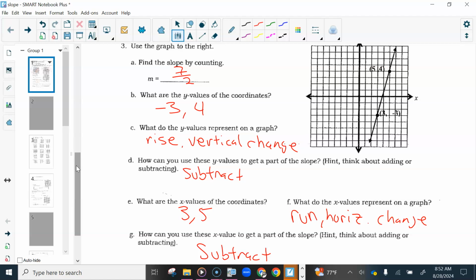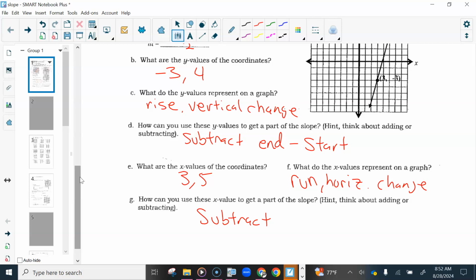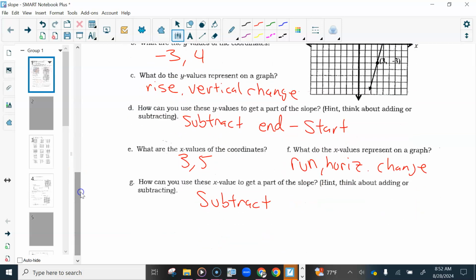So like the end minus the beginning. And then for our x values, it's not a vertical distance, it's a horizontal distance, but you're kind of thinking the same thing. We could kind of word it the same also. That end minus the start. You just have to know in your mind which one is the end, which one is the start.